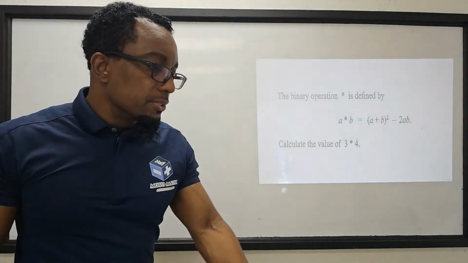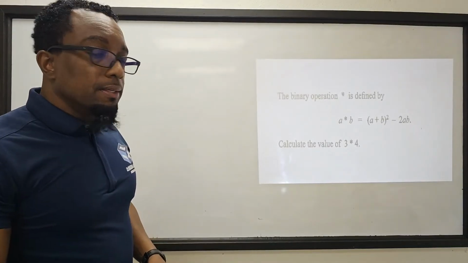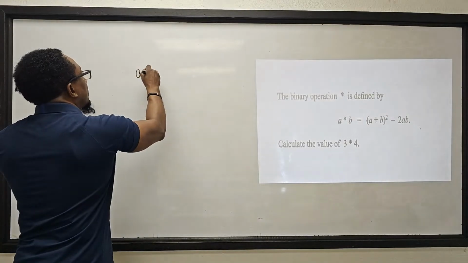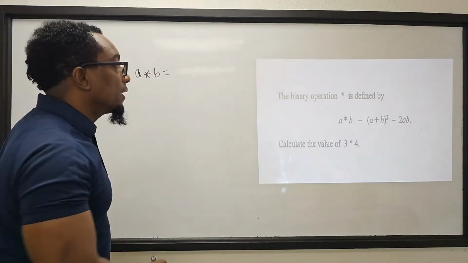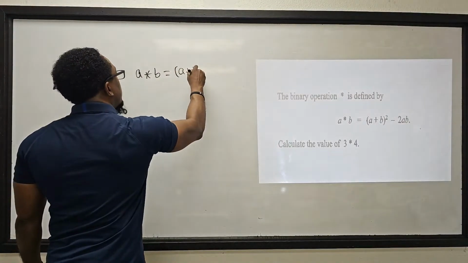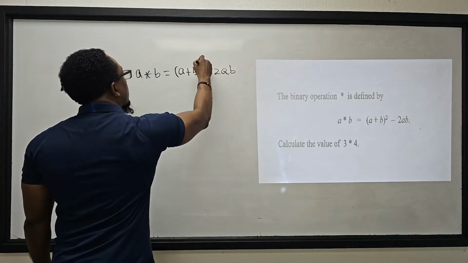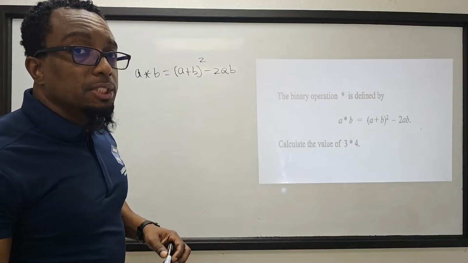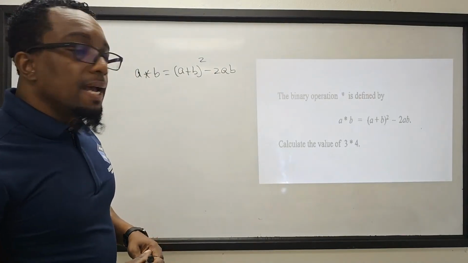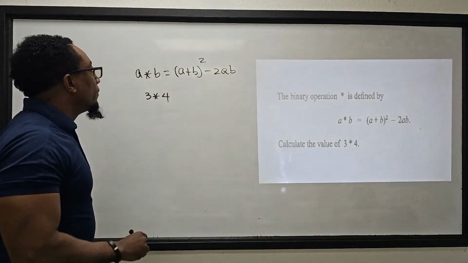So they gave us the expression. You have a nice relationship here of A asterisk B and the expression, which is A plus B in brackets squared, subtract 2AB. So you have your very important relationship shown. They want you to calculate the value of 3 asterisk 4.